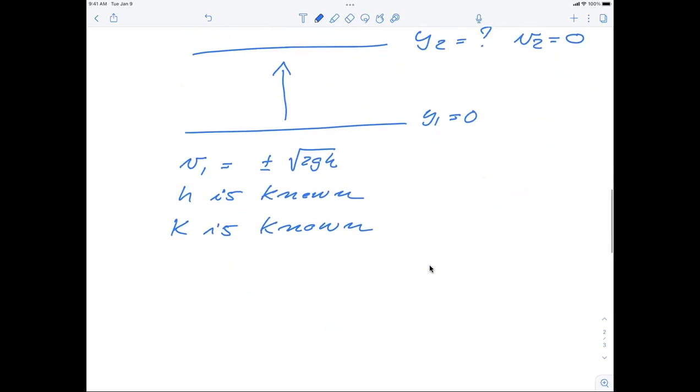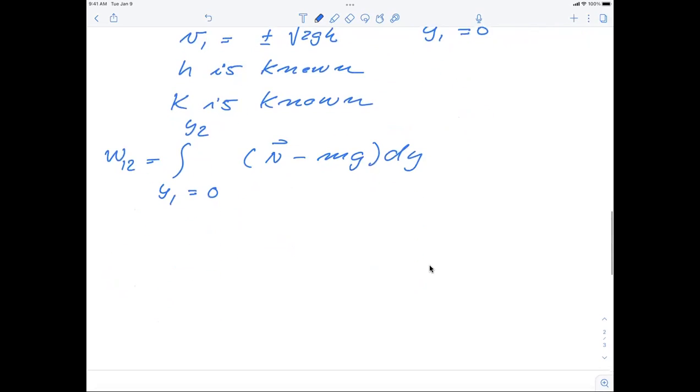We also know that Y1 is equal to 0. We have chosen the origin to be there. So we integrate from Y1 to Y2, and we have W from 1 to 2. Then we have the normal force, so we have N minus mg dy. We know that this normal force acts only up to a specific distance r.